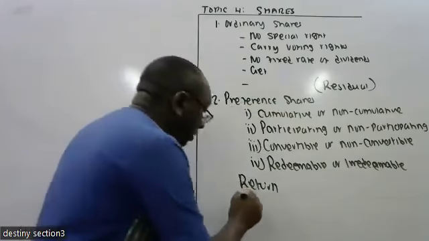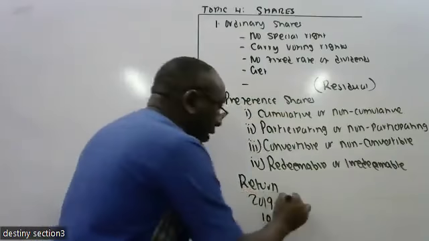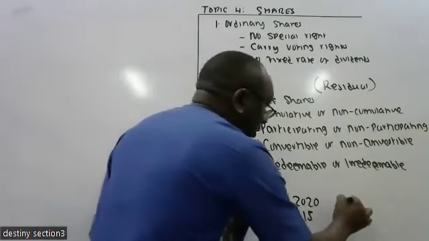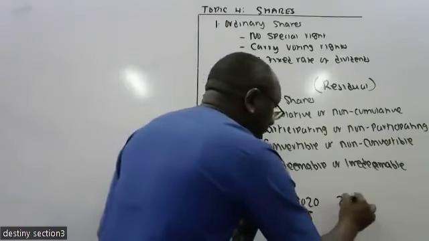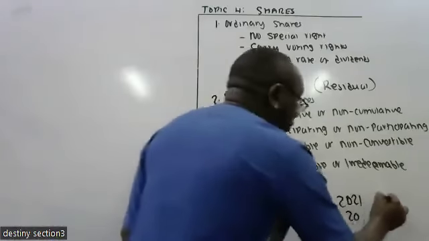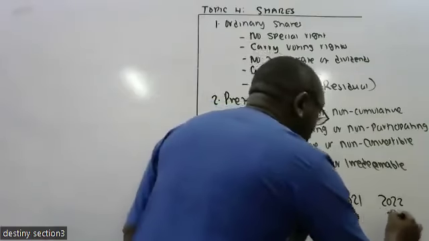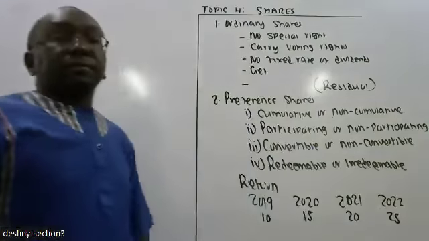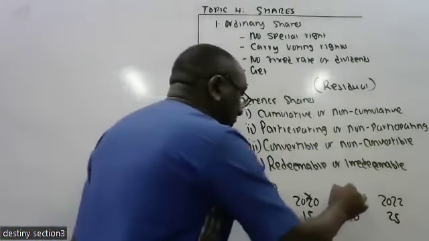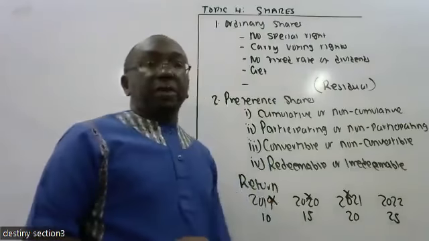For example, if in 2019 we were supposed to pay dividends of 10, in 2020 dividends of 15, in 2021 dividends of 20, and in 2022 dividends of 25, but we did not pay in those earlier years, and in 2022 there is money to pay.